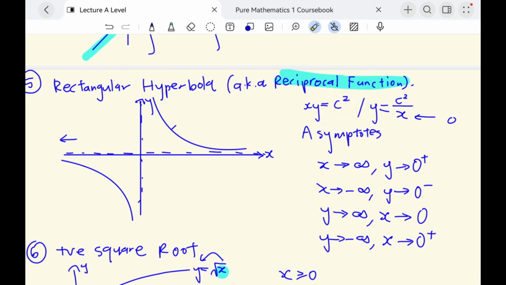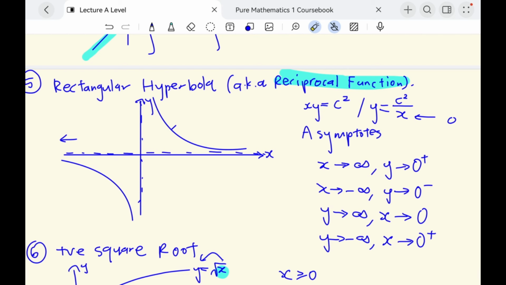If you move your x downwards, you will form another general form, y equals c squared over x, where x can't be 0, because if you put x equal to 0 in the denominator, you will get an undefined value, which is infinity.